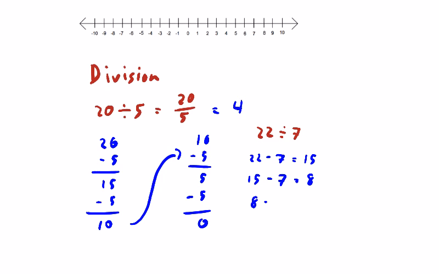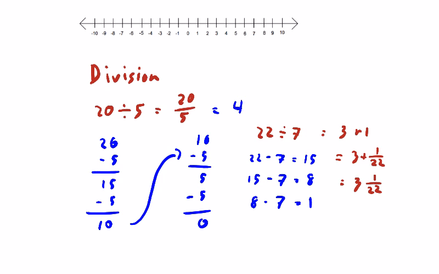And if I take 8 minus 7, I get 1. We can't subtract 7 another time, so you may have learned that 22 divided by 7 could be expressed as 3 with a remainder of 1. Another, probably a better mathematical way of saying that is, it is 3 plus 1 out of 22 left over, which could be written as a mixed number, 3 and 1/22.